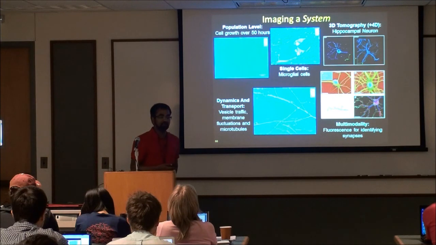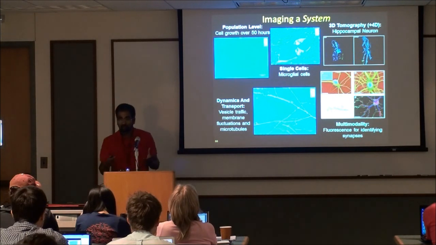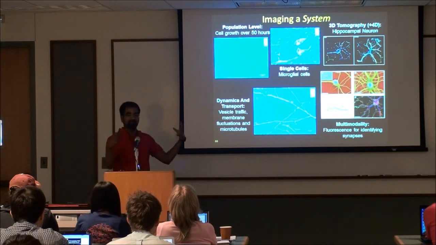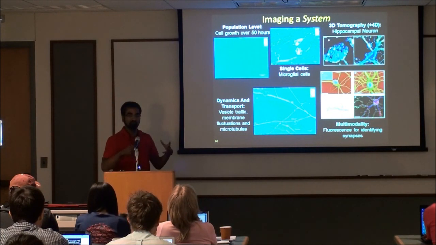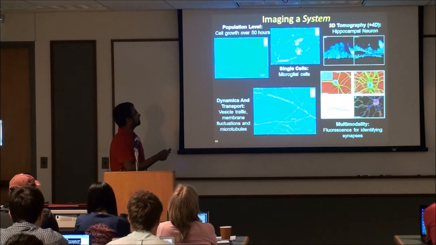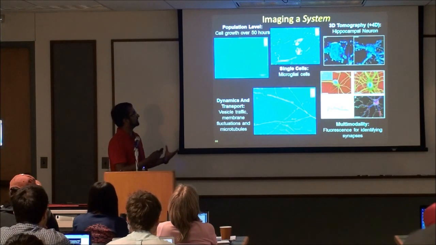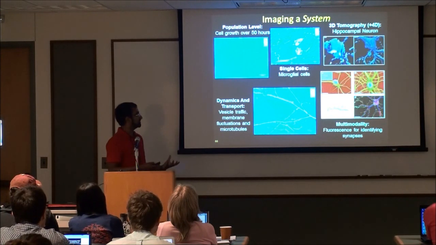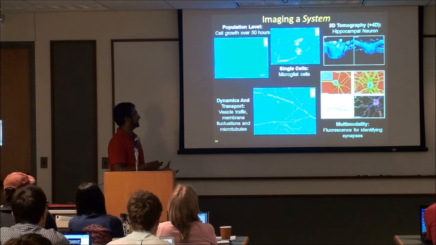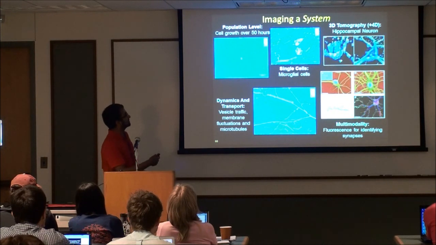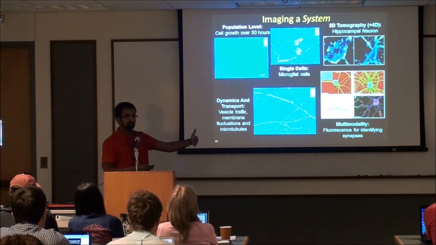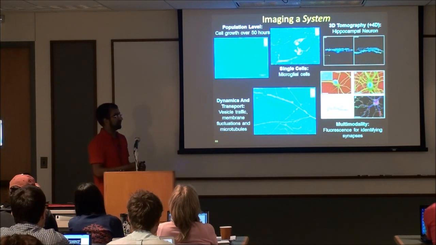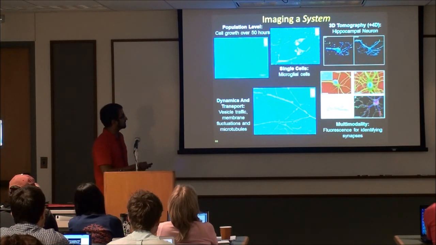To truly gain an understanding of how a biological system is working, you need to be able to look at how it evolves on the population level, how single cells are behaving dynamically, how the subcellular structure is changing in 3 dimensions, and of course you need specificity and you need dynamics. So this slide shows that in SLIM we can look at all these different temporal and spatial scales to really try and understand what's going on in a biological system.